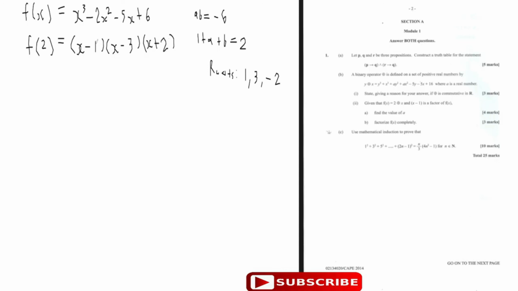Add up the roots: 1 plus 3 plus minus 2 should give you 2. The sum of products in pairs, 1 times 3 plus 1 times minus 2 plus 3 times minus 2, will give you minus 5. So not all the time do you need polynomial division. Just use sums and products of roots.